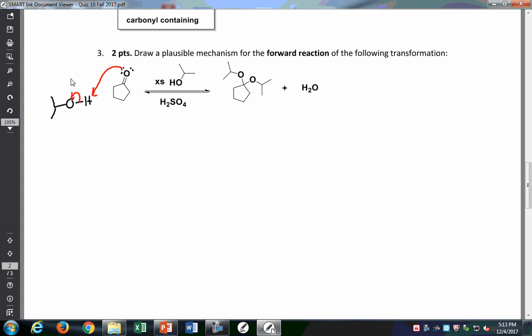This isn't right. First off, if the proton was coming from your alcohol, you'd form an alkoxide, which is very unstable in acidic conditions. But second, let's look at the pKa.